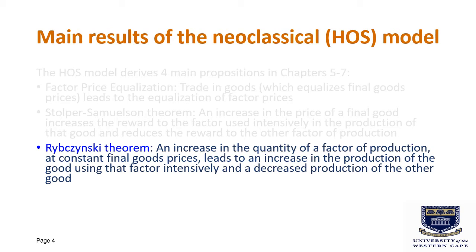So in our case, let's assume we have Austria, and all of a sudden there's more capital available in the country, magically or something. So now the quantity of capital has increased. They would then produce more of what? They will produce more manufacturing goods, because manufacturing goods are more capital intensive. At the same time, they will decrease their production of food, which is more labor intensive.